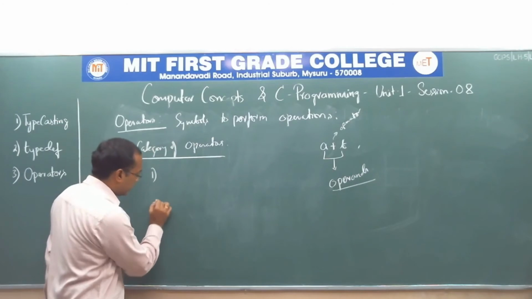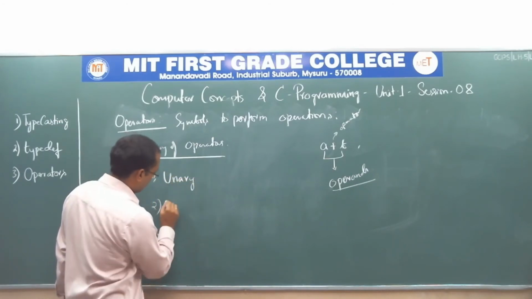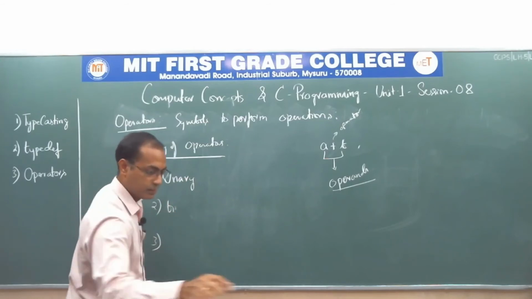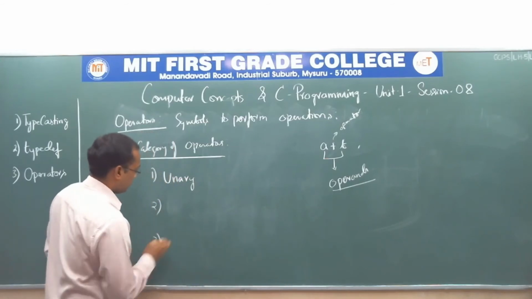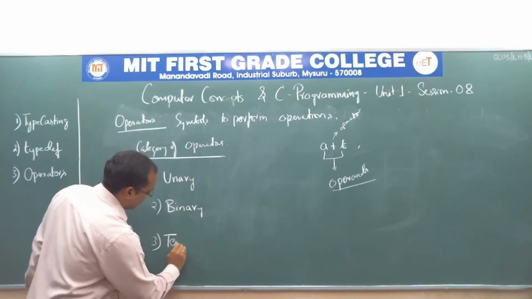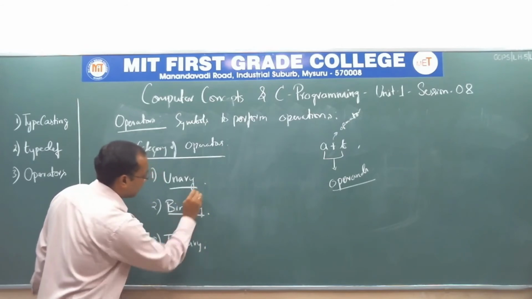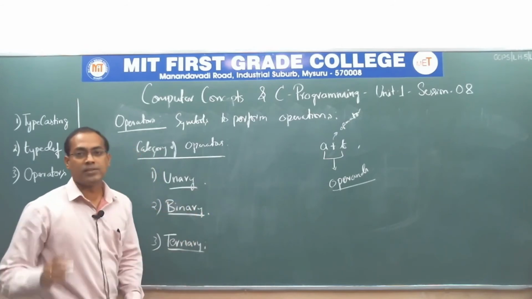Now, if you have understood what you mean by operands, now we can easily understand the different categories of operators. So there are three types over here: unary, binary, and then ternary. It's very simple, students, to understand these concepts. Unary means one.